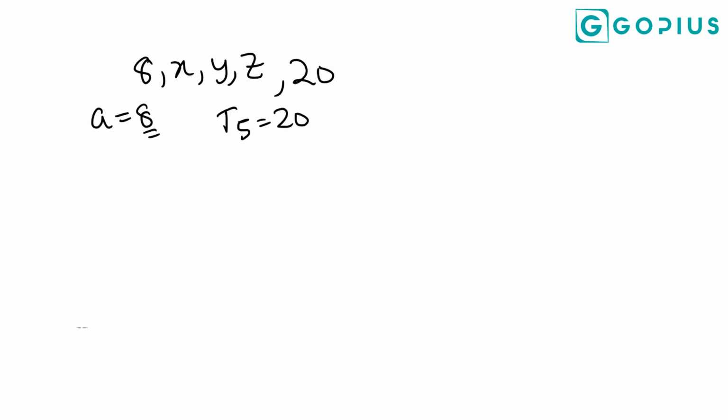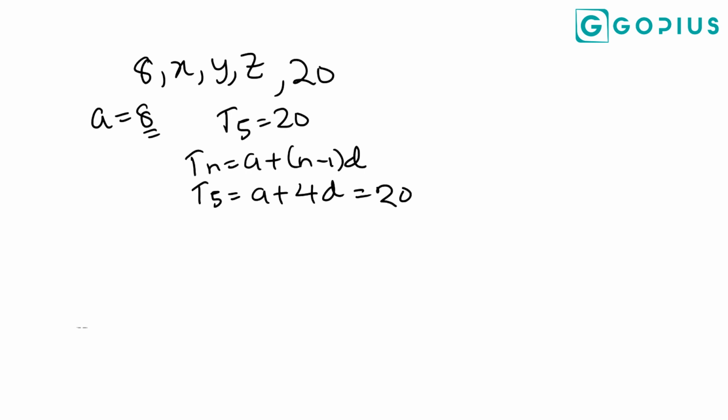All right, now earlier I told you that the nth term of a linear sequence is given as a plus n minus 1 d. This is the formula we can use to find a particular term in a given linear sequence. So if we are talking about this T5 that is 20, if we interpret it using this formula, we have T5 is equal to a plus n minus 1 d. n there is 5, so 5 minus 1 is 4.